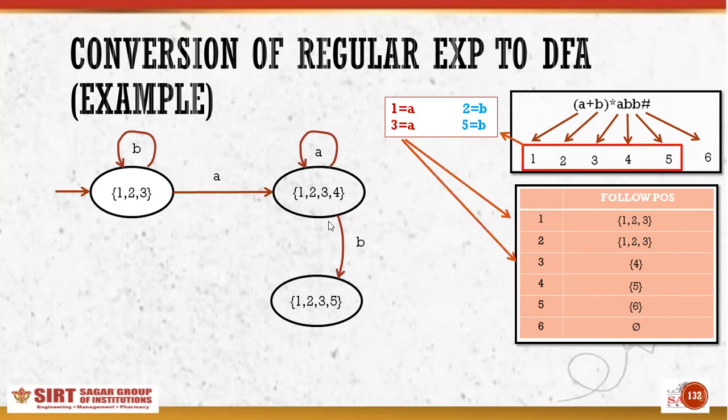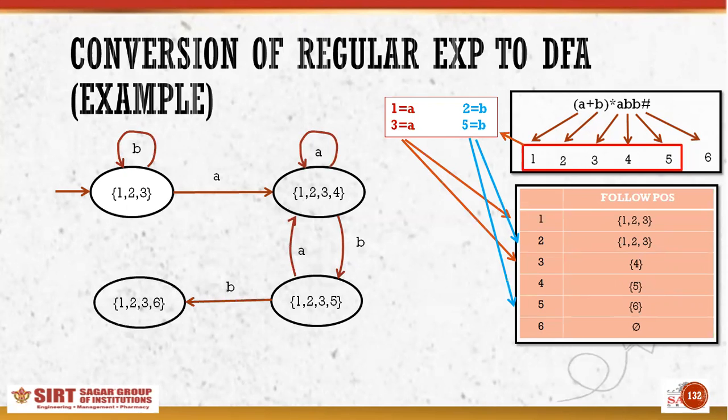So I will make a transition from 1, 2, 3, 5 to 1, 2, 3, 4. And the followpos of 2 and 5 will be combined. It will give 1, 2, 3, and 6. A new state will be made because 1, 2, 3, 6 is not in our machine. So this is the A transition and this is the B transition.